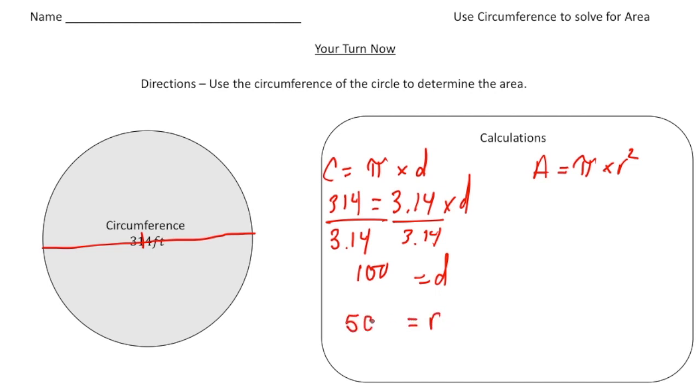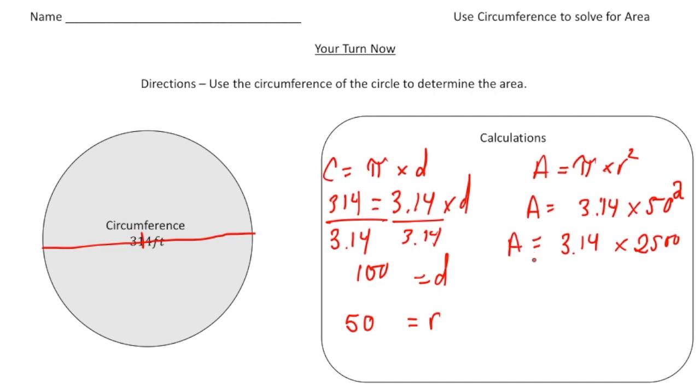All right, so what we just did, that's the hardest part, because now we take the radius and plug it in for this equation. So area is going to equal 3.14 times 50 squared, and I have to follow order of operations by doing exponents first. So 50 squared is 2,500 times pi.